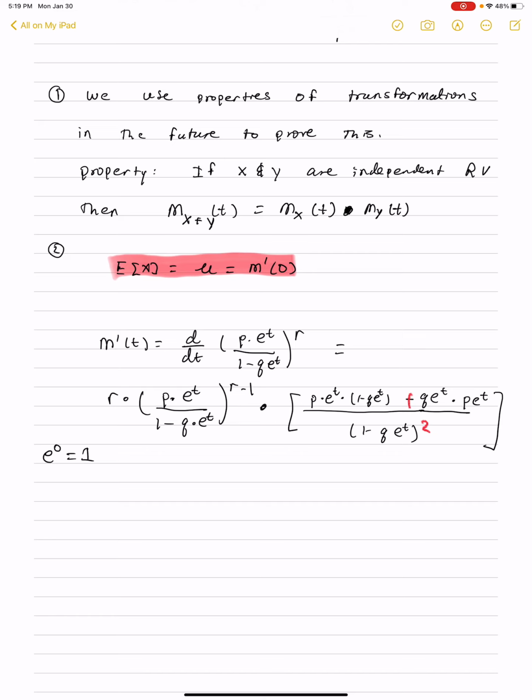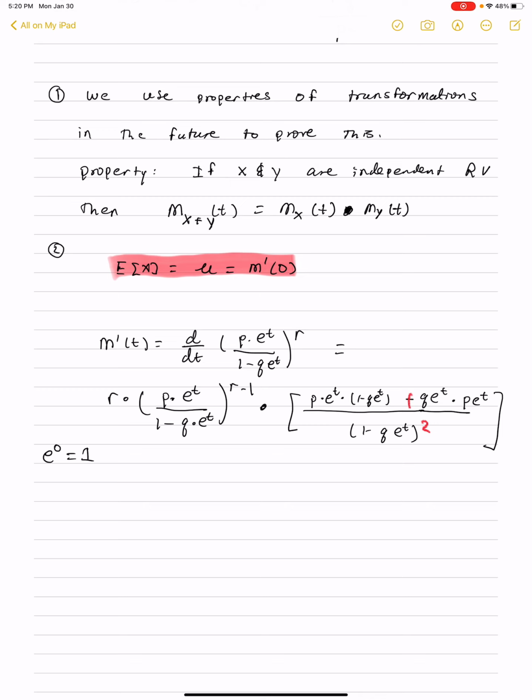So I bring the exponent down, r, I replace it with r minus 1, I keep what's inside inside. Then I multiply by the derivative of the inside function, which we must use the quotient rule for. In using the quotient rule, we take the derivative of the top, which is itself, multiply by the bottom.